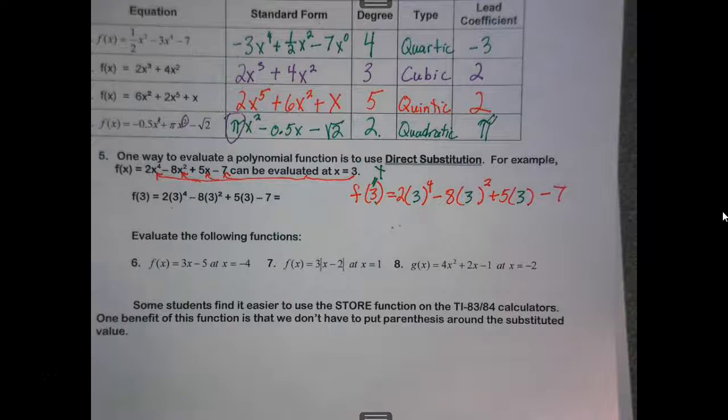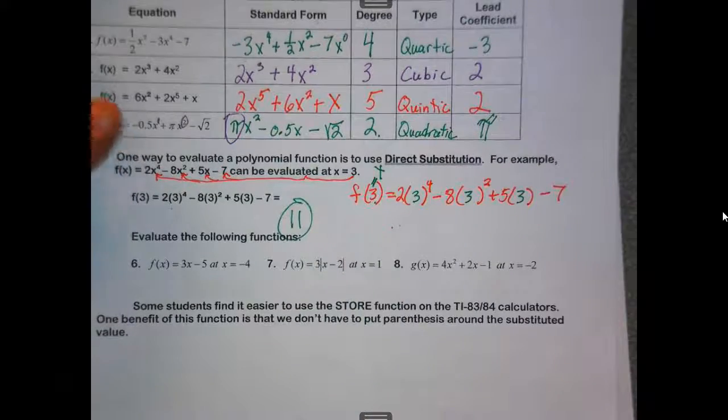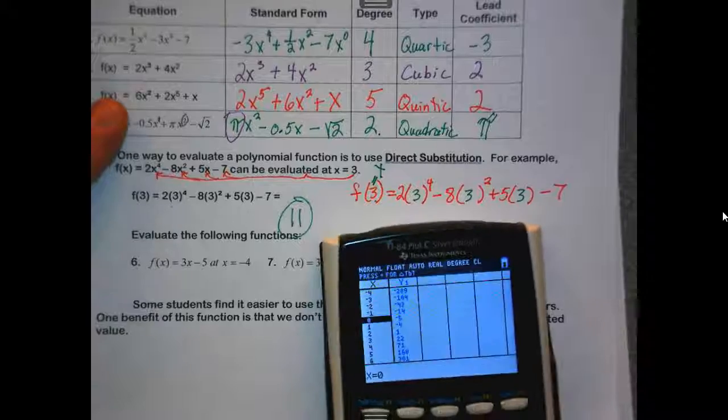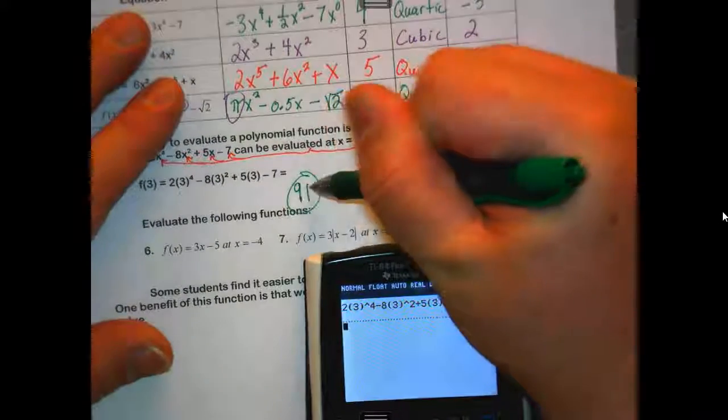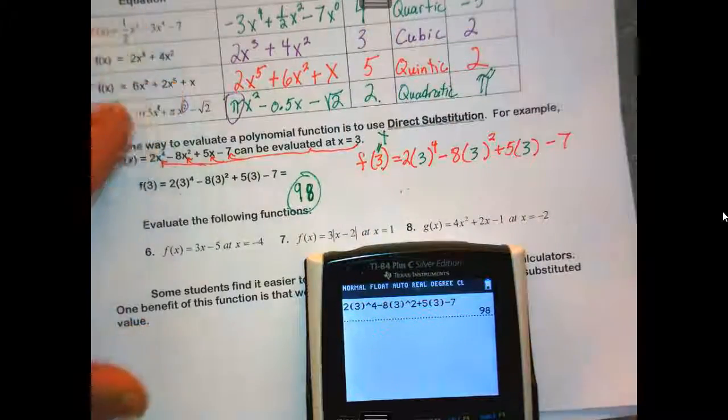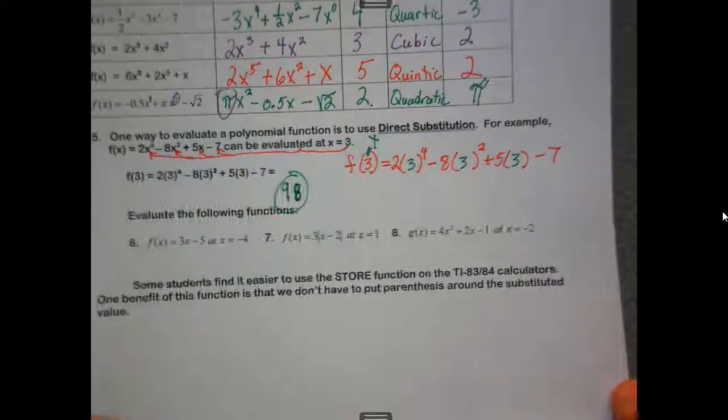You should get 98. 2 parenthesis 3 raised to the fourth minus 8 parenthesis 3 raised to the 2 plus 5 parenthesis 3 minus 7. Should get, like I said, 98.